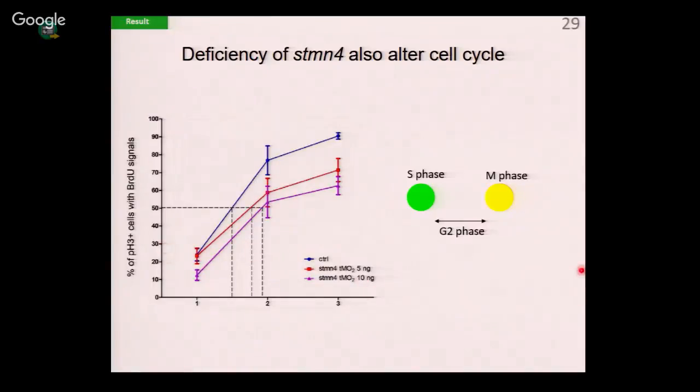We set a standard at 50% of cells underwent S phase to M phase. We can see that control treatment has the shortest time duration from S phase to M phase. This indicates that control treatment had the shortest duration of G2 phase.